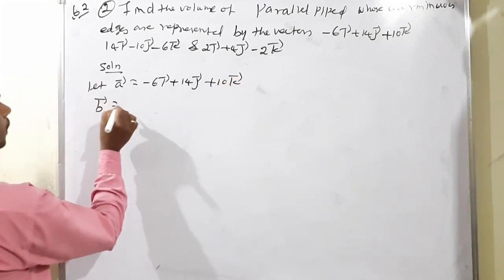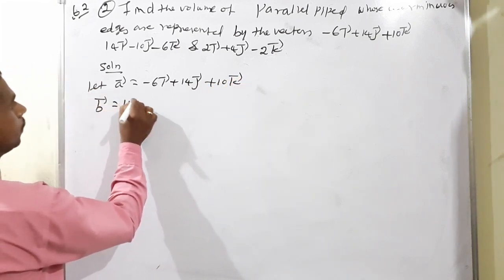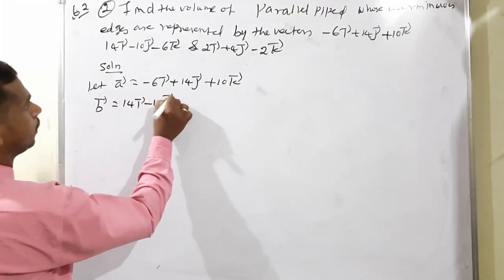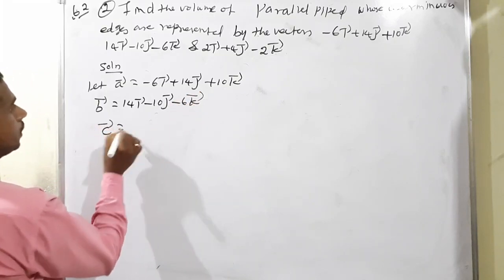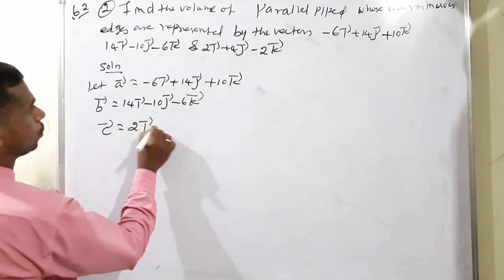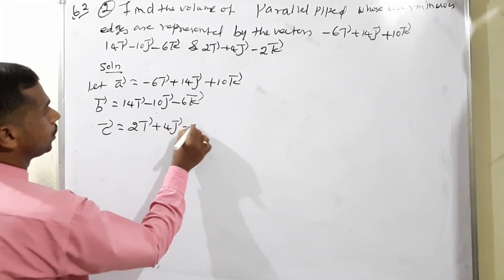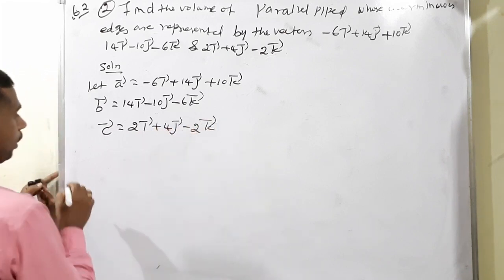Then B vector is equal to 14i vector minus 10j vector minus 6k vector. Then C vector is equal to 2i vector plus 4j vector minus 2k vector.